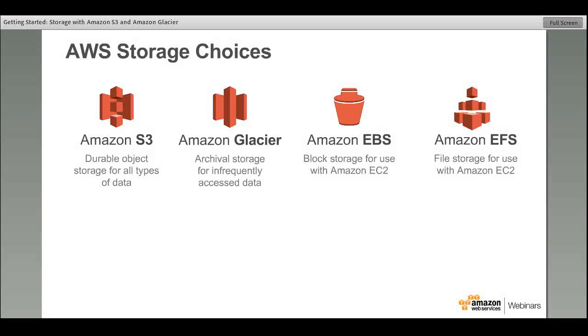Glacier has a similar object architecture, but caters more for deep archives and long-term backup. EBS, or Elastic Block Storage, is a high-performance block storage service dedicated to EC2, our compute service. And EFS, Elastic File System, in a similar way, is a high-performance NFS-based file system dedicated to EC2.